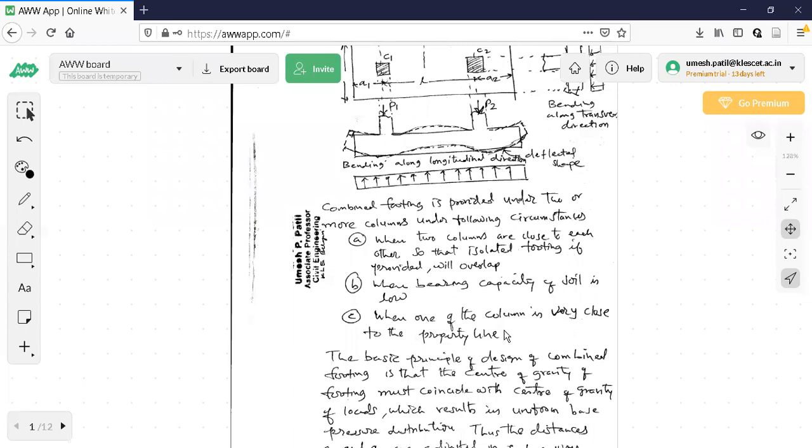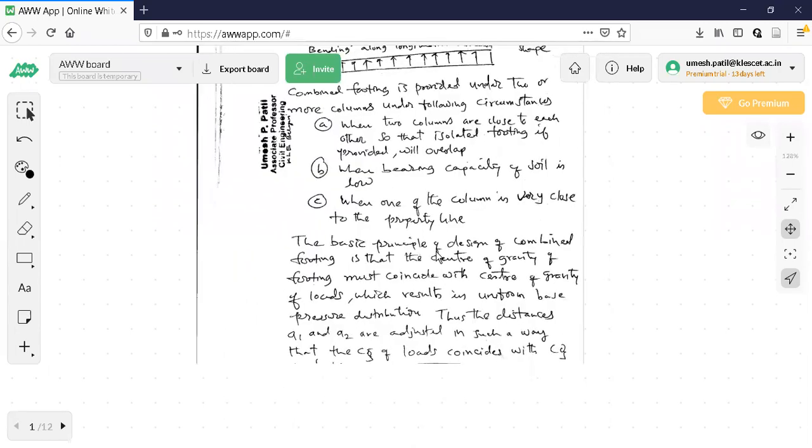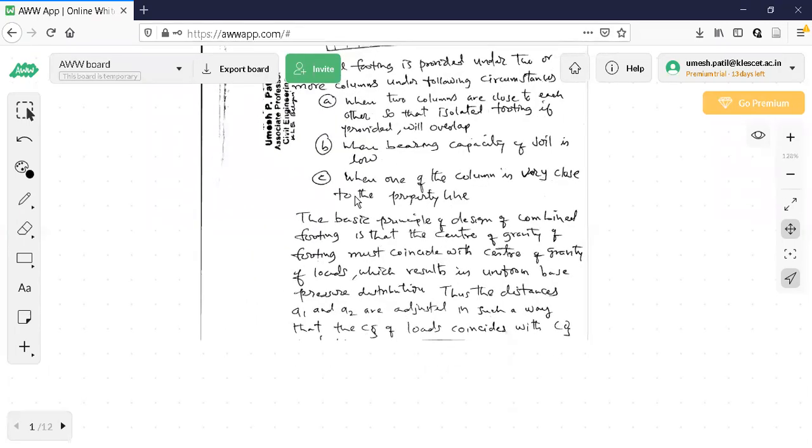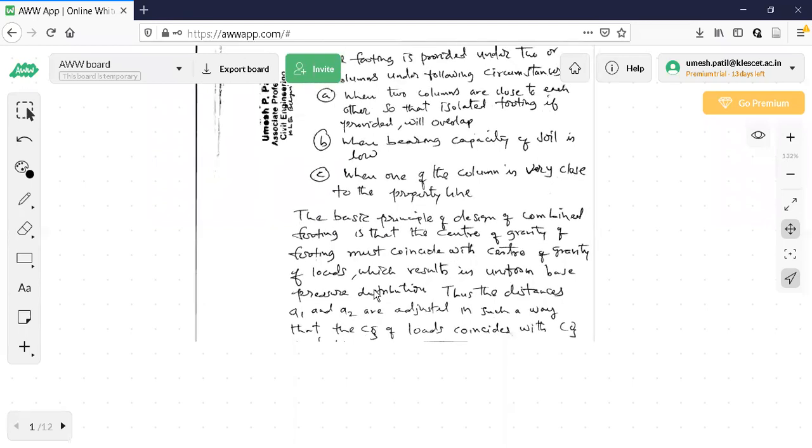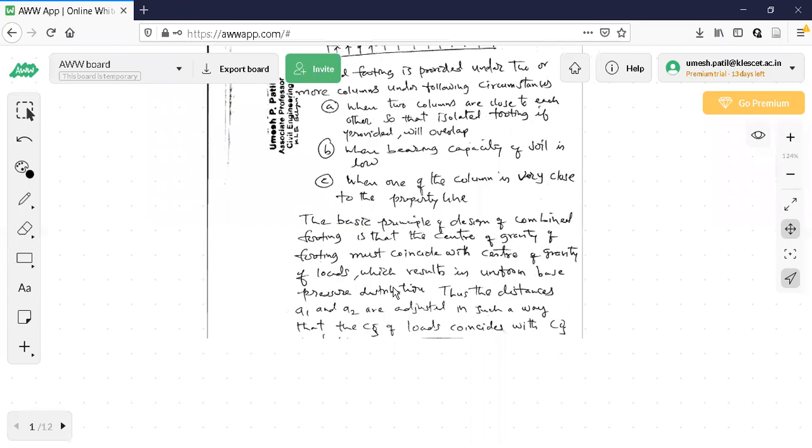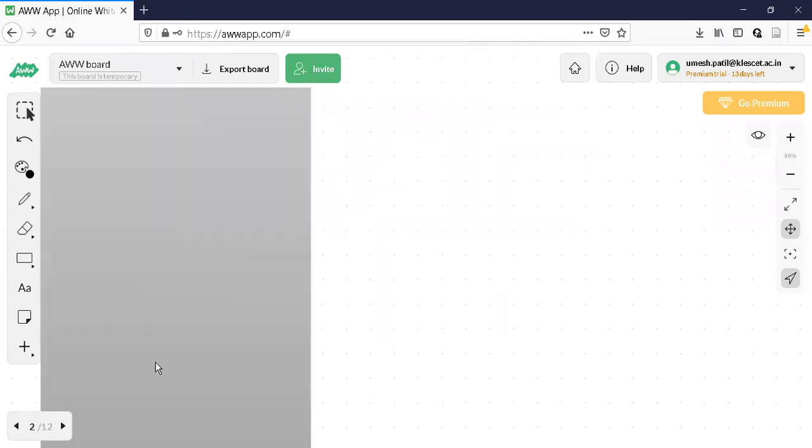Also when the bearing capacity of the soil is low, and when one of the columns is very close to the property line, the footing cannot encroach on somebody else's property. In such situations, we go for combined footing for two columns.